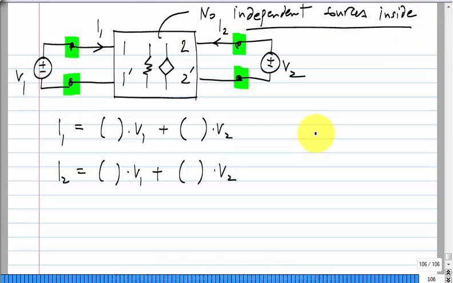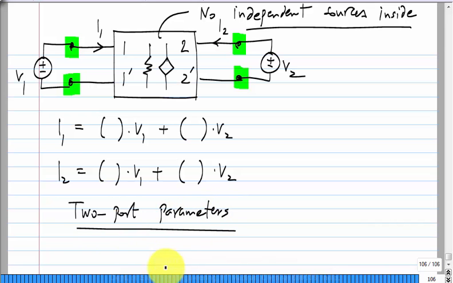Okay. What will be the dimensions of these four numbers? In this case, conductances. Okay. Now these four numbers are called the two port parameters. Okay.